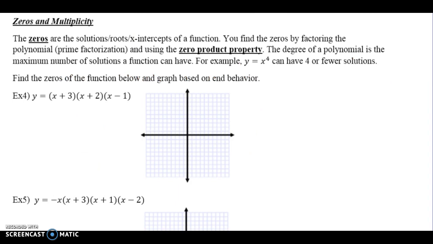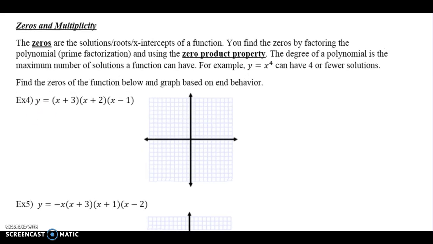So we've been finding zeros for a really long time now. Every time we solve for x, we're finding those zeros and where they cross the x-axis. So on example 4, what are our zeros going to be? X equals -3, x equals -2, and x equals 1.